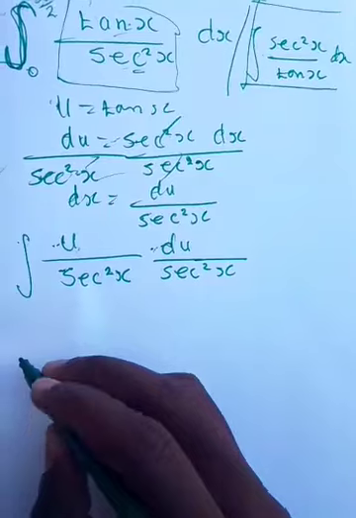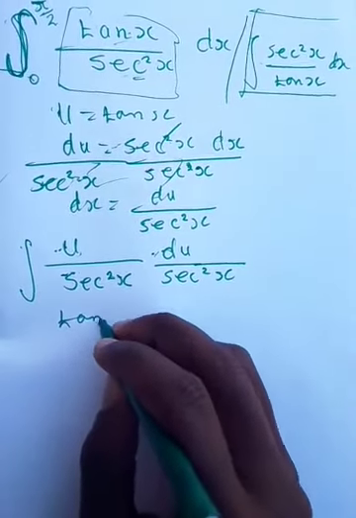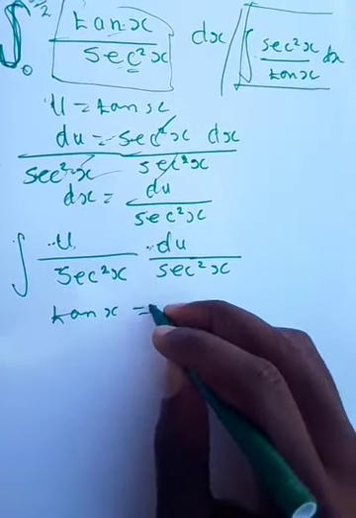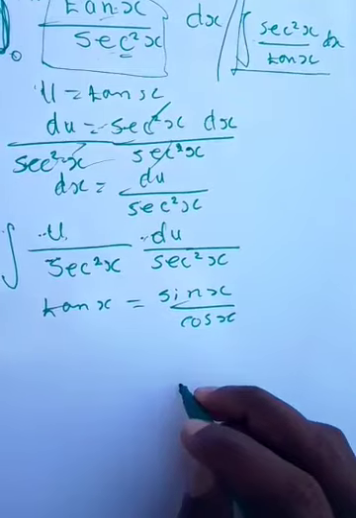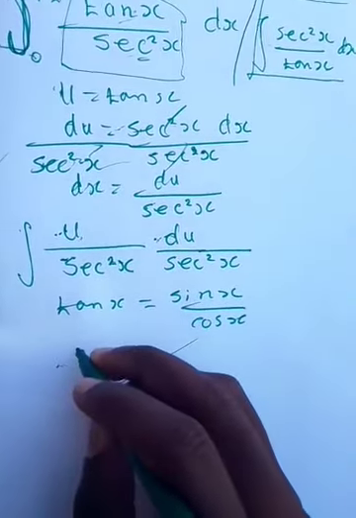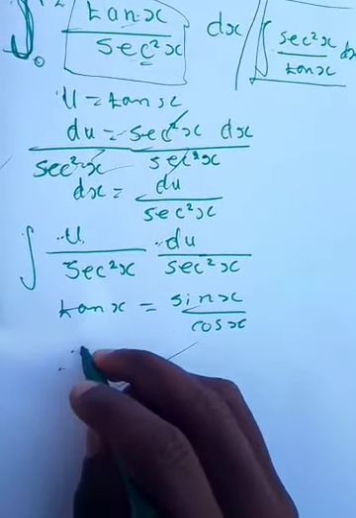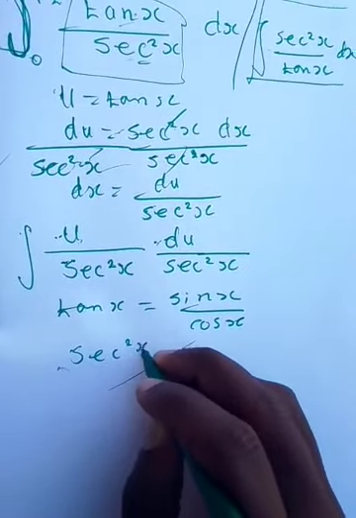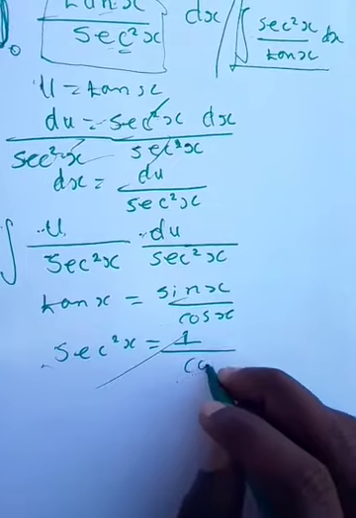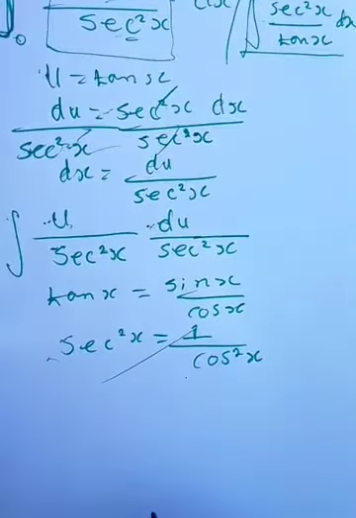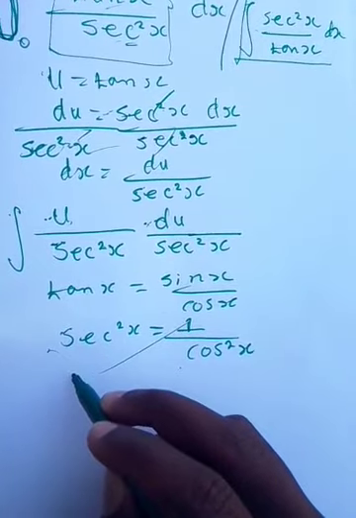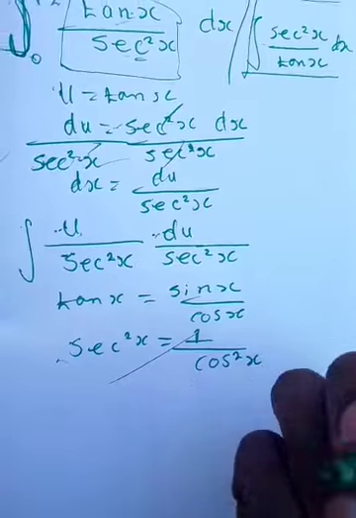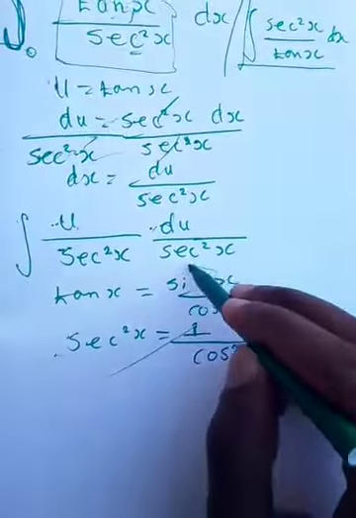So first of all, you have to remember that tan x is equal to sine x over cos x, right? Remember this identity. The other identity that you have to remember is that sec squared x is equal to 1 over cos squared x. So these two identities are what we are going to use. Where it is tan x, I'm going to substitute this one.